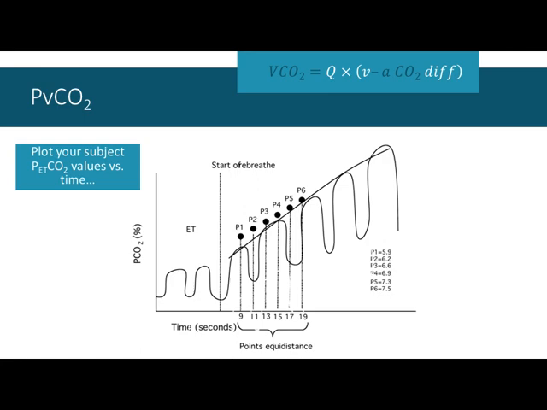So I have P1 here at 9 seconds, I have P2 2 seconds later, P3 2 seconds after that, and so on. Equidistant values so that we can compare the increase in CO2 between points.